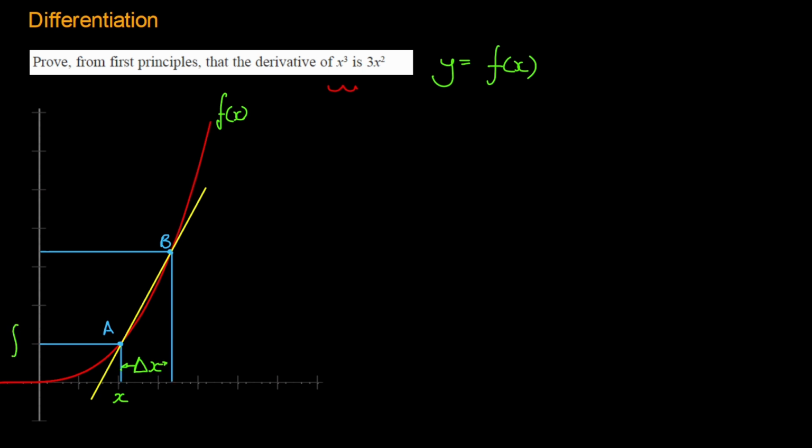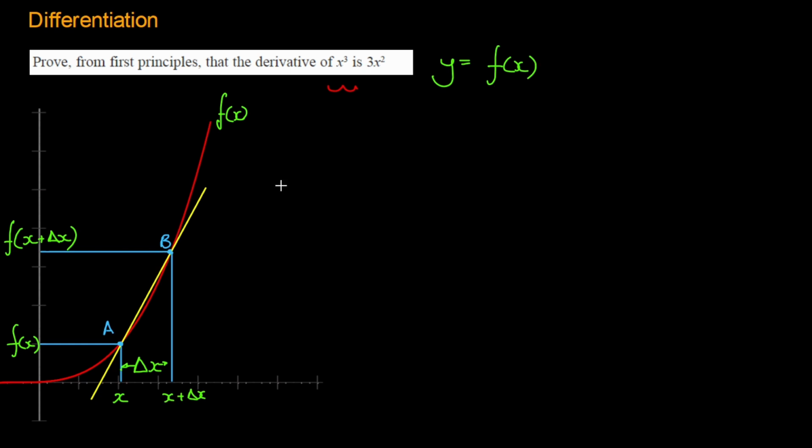Well, this point is f x. This point is f of x plus delta x. We've just put x plus delta x, because that's what this point is, into our function.